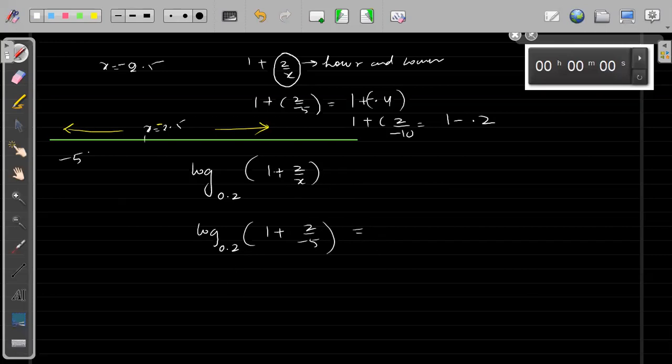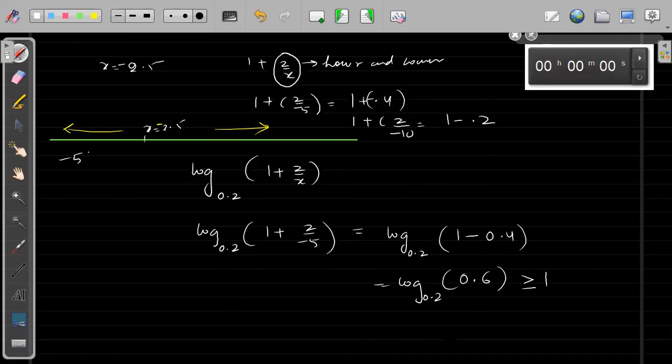So this is log base 0.2 of 1 minus 0.4, which is 0.6, right? And because this is a weak base, this will be greater than or equal to 1. Yes, this is 100% greater than or equal to 1.